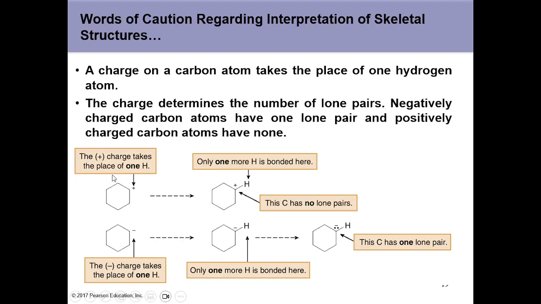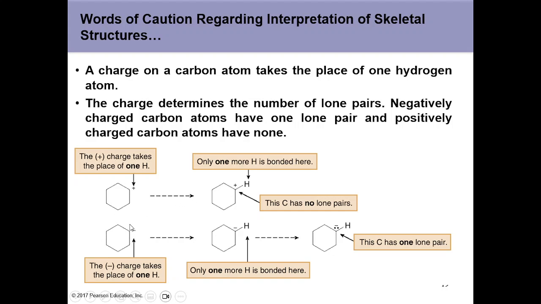But with what we have discussed about charges on carbon, for example, if there's a positive charge on this carbon, then that means there's only one hydrogen attached to this carbon. This carbon has only 3 bonds with no other bonds, no other electrons. So this is a carbon with a positive 1 charge.